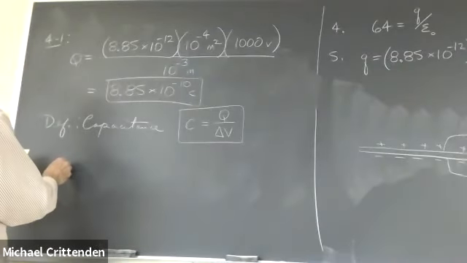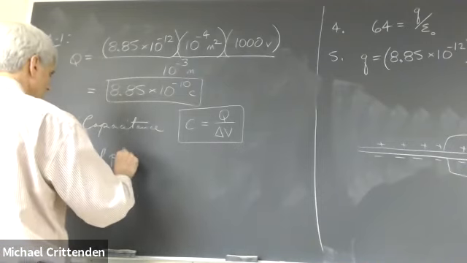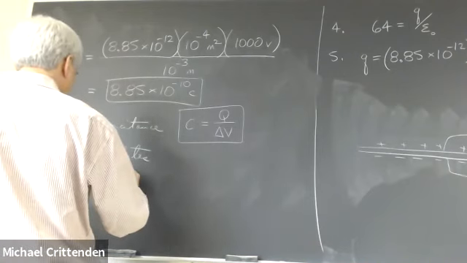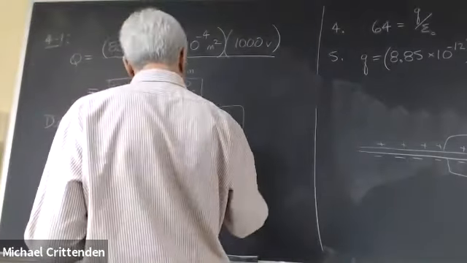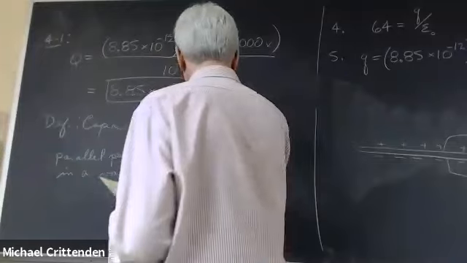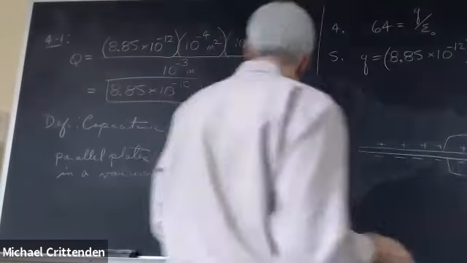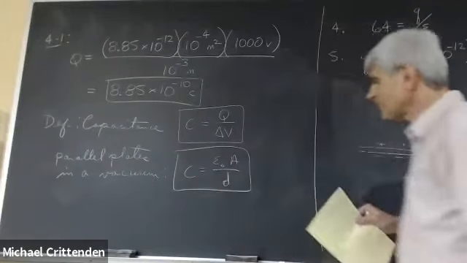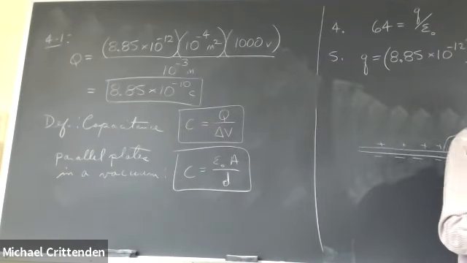To be precise, parallel plates in a vacuum: epsilon naught A over D. By comparing the general definition to this thing over here is where that comes from.